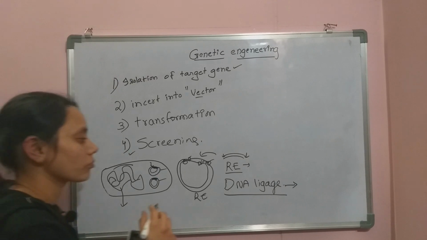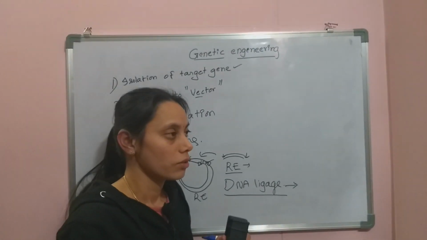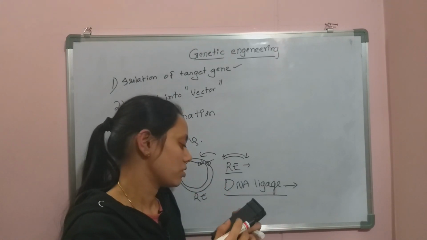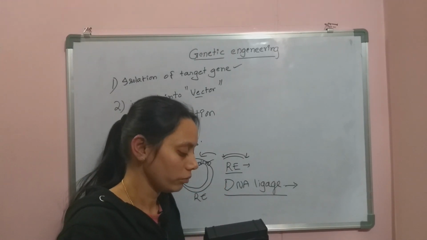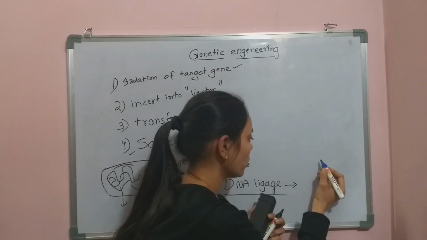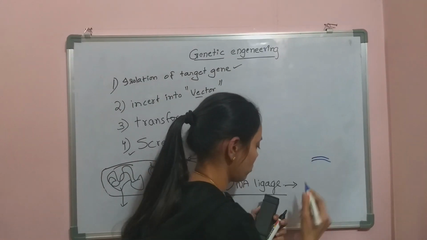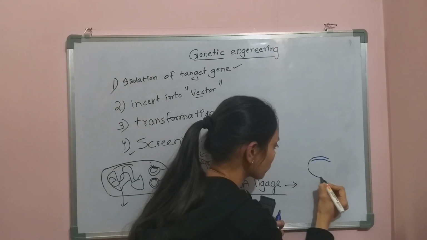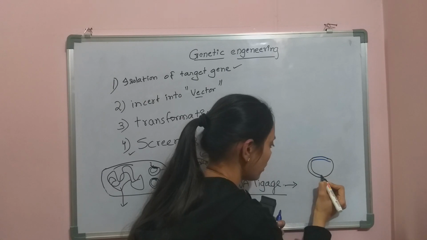So once ligase helps us to attach the target DNA with the vector, then we are going to have a recombinant vector. That means a vector containing the gene of our interest.